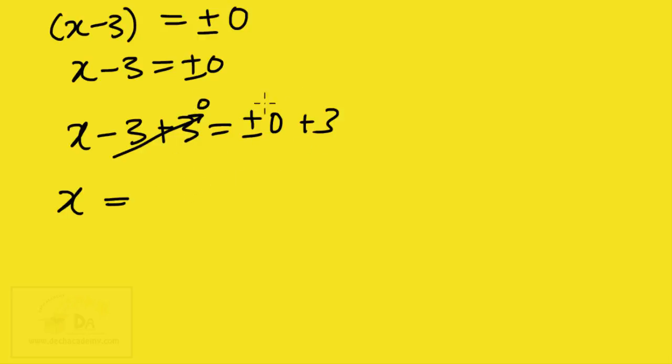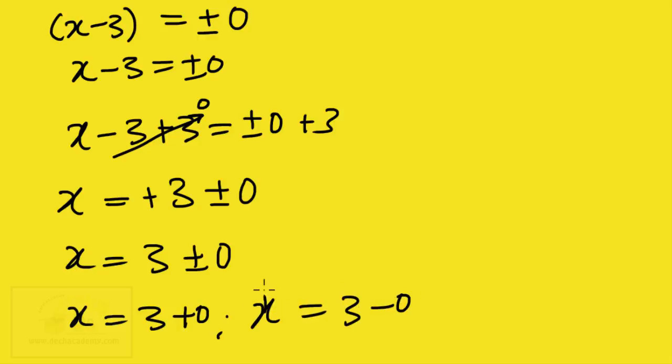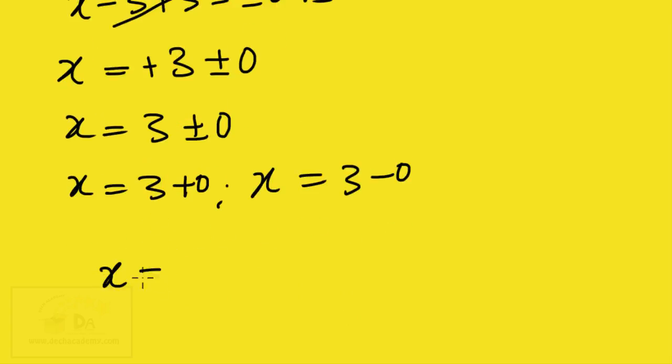Rearranging gives 3 plus or minus 0, because plus 3 is the same thing as 3. So x is 3 plus 0, or x is equal to 3 minus 0, which means that x is 3, or x is 3.